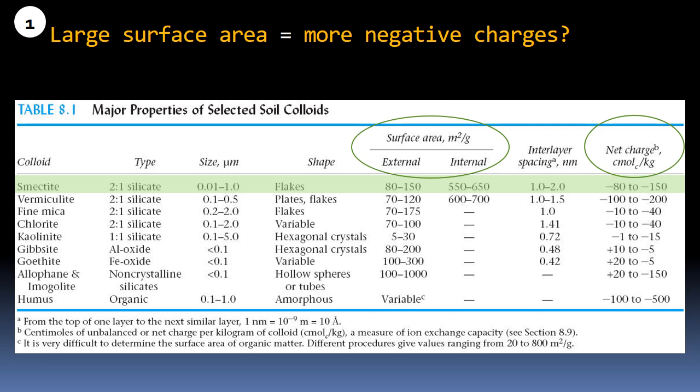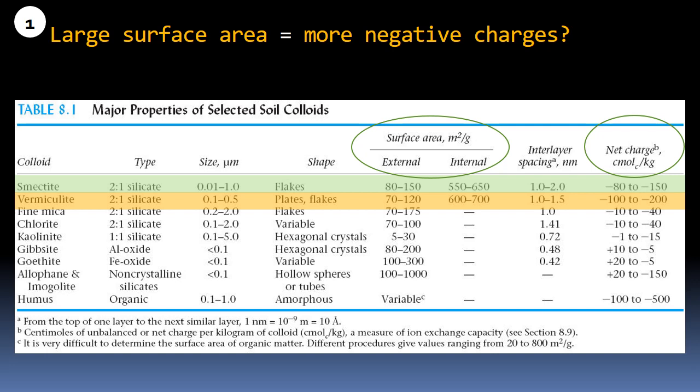Now, if you compare this clay with another 2-to-1 silicate clay like vermiculite, you would find that it's a little bit different in the shape and the size. And if you look at its surface area, you would find that its external surface area is less than the external surface area of smectite. It's between 70 to 120, and its internal surface area is between 600 to 700.